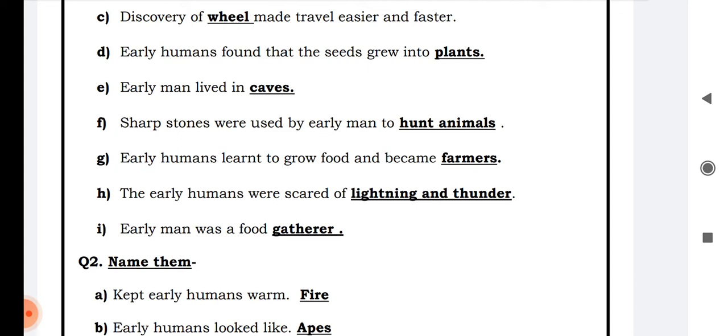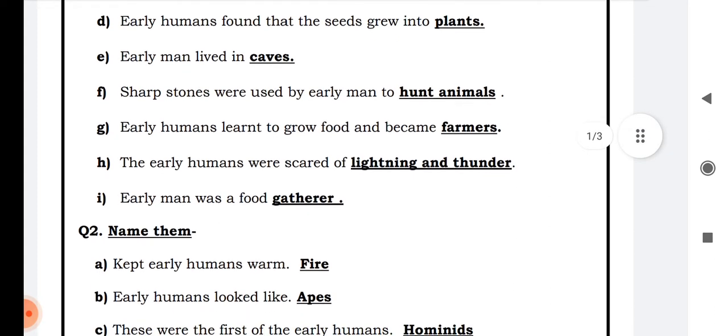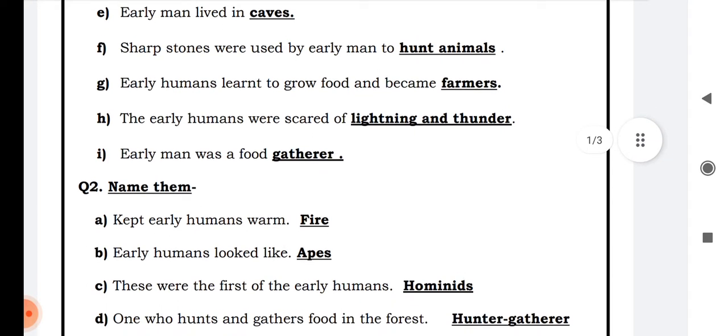D. Early humans found that the seeds grew into dash. Yes, children, seeds always grew into plants. E. Early man lived in dash. Early man lived in caves.